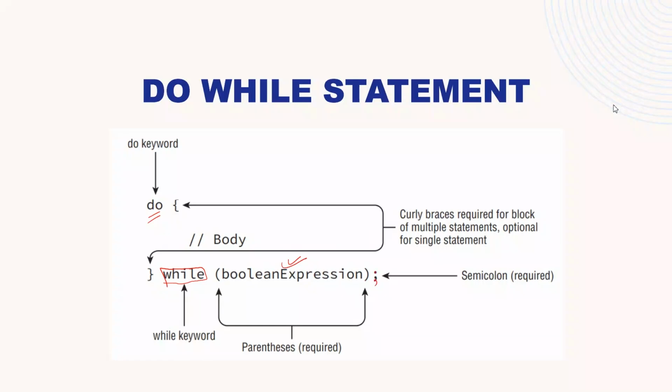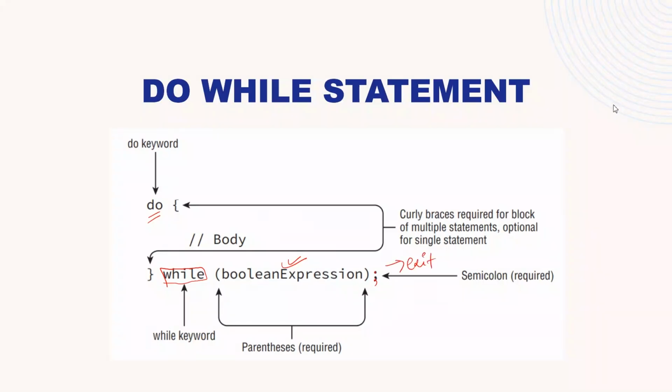So what is happening here? If we have some code in this body, we directly enter the body and execute it. After executing the body, we go to the end of the do block and see a while boolean expression, or condition. So after executing the body, we are checking the condition, that is, checking the condition on exit.